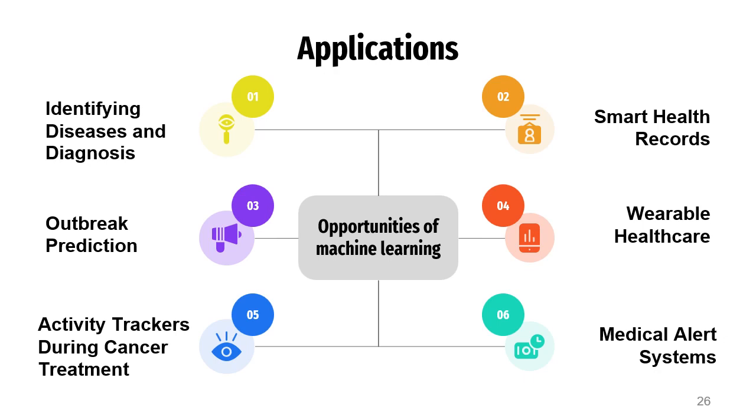Outbreak prediction, in the sense of an outbreak of an epidemic or of any particular disease. Wearable healthcare, where we have many kinds of wearable devices, and activity trackers during cancer treatment. So we can track the activity and get a better treatment during cancer treatment.